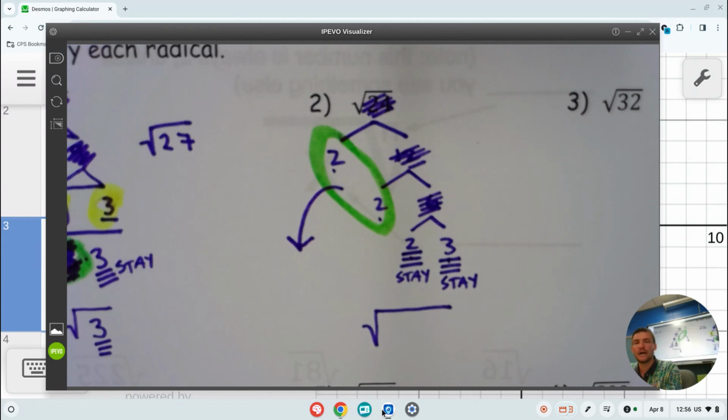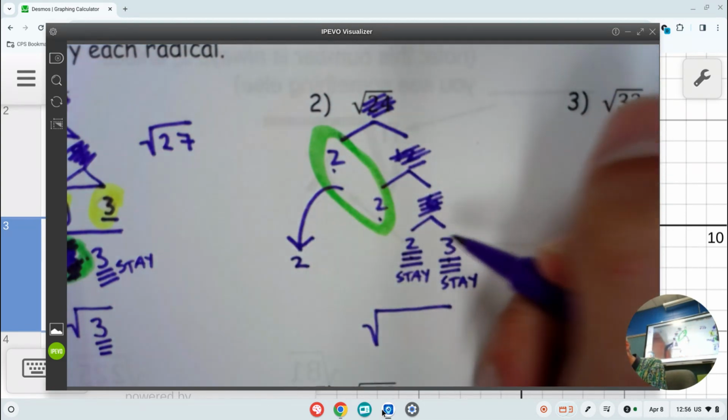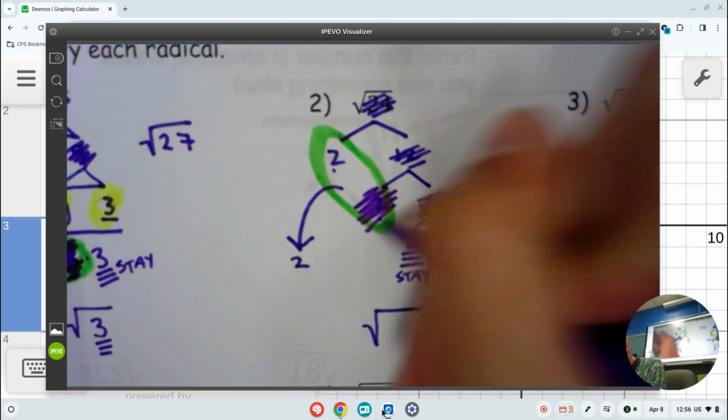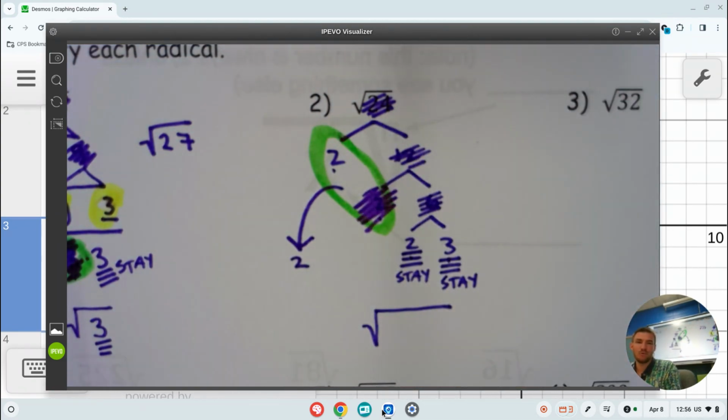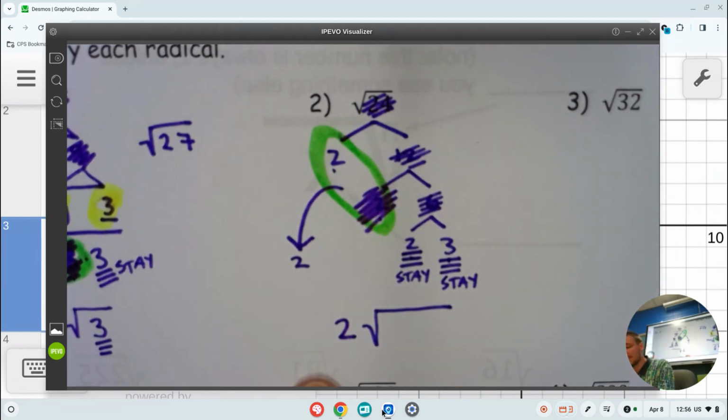But only one makes it out and escapes. So this is going to put one of the 2s on the outside. One of them is going to end up dying, unfortunately. And we're going to have 2 that escaped. And on the inside, we have 2 and 3. These are going to stay.